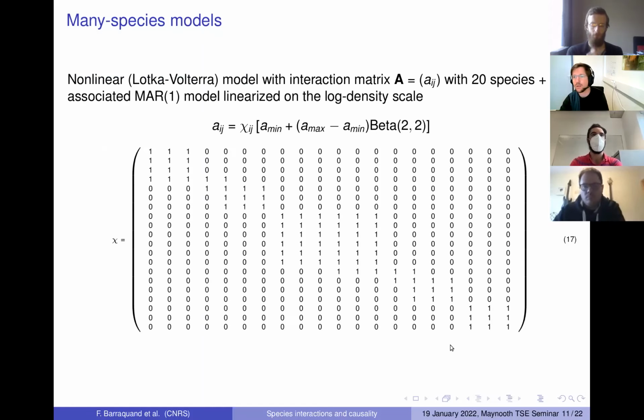And then finally, we did 20 by 20 interaction models. So not all species interact with each other. You see here the structure. When there's a link, there's a 1. When there's no link, there's a 0. And we try to have a structure that preserves this modular aspect, and also some of the modules are connected with each other.